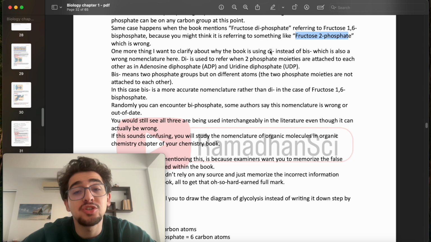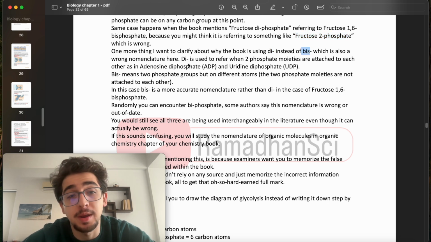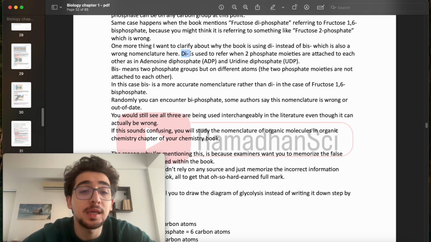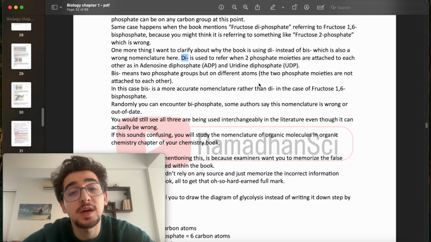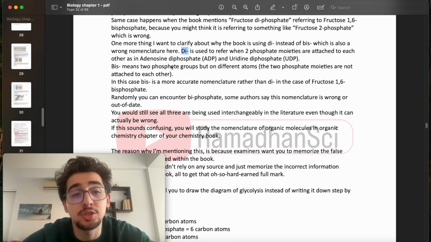Also, when the book mentions di instead of bis, this is also a wrong nomenclature, by the way. Because the prefix di is usually used when we have 2 phosphate moieties attached to each other. For example, in uridine diphosphate, UDP, or adenosine diphosphate, ADP.